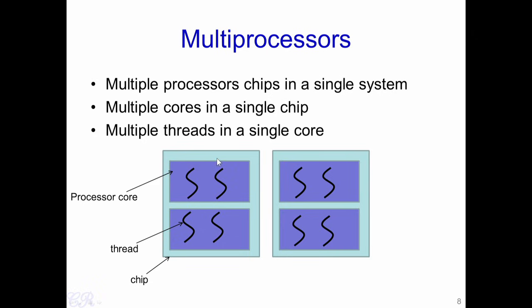For instance, in this case there are two CPU chips, and each CPU has two cores, and further it is possible that each core runs multiple threads. This is achieved by a technique known as symmetrical multi-threading. In the Intel nomenclature, this is known as hyper-threading.